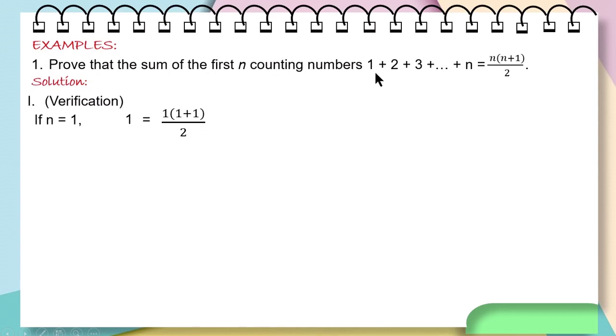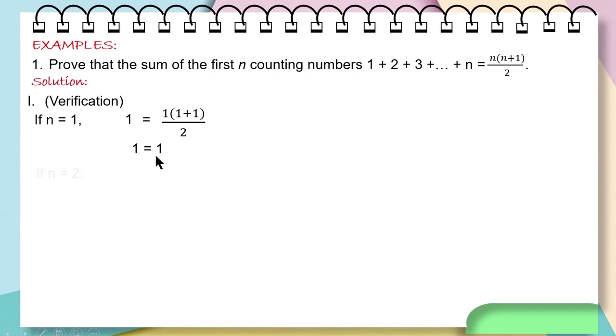Ang unang term sa left side ay 1. It must be equal to the right side. We just replace n with 1. If we simplify, the value is equal to 1. 1 plus 1 is 2, times 1 is 2. Divide by 2 is 1. Thus, the statement is true for n equals 1.